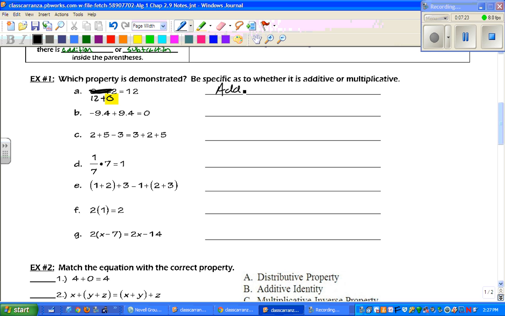So I know that's the additive, and that is the identity. Oh, I have no idea what I'm trying to spell right there. Identity. When you're looking at these, look right away to see what operation's going on, because that's going to give you a clue right away. Additive, and our answer is 0, so that's the additive inverse.